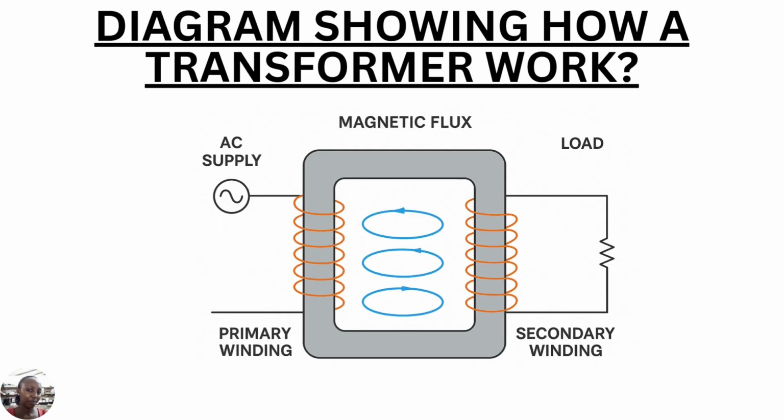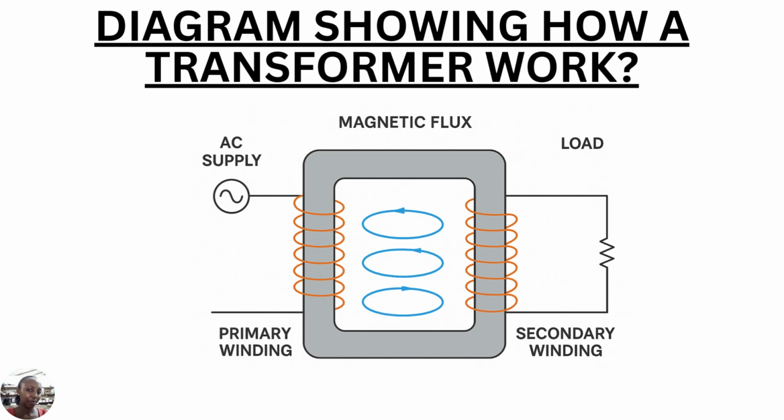Now, let's look at the diagram that shows how a transformer works. As you can see, the primary winding is connected to the AC supply. This creates a magnetic flux in the iron core, which then induces an EMF in the secondary winding.